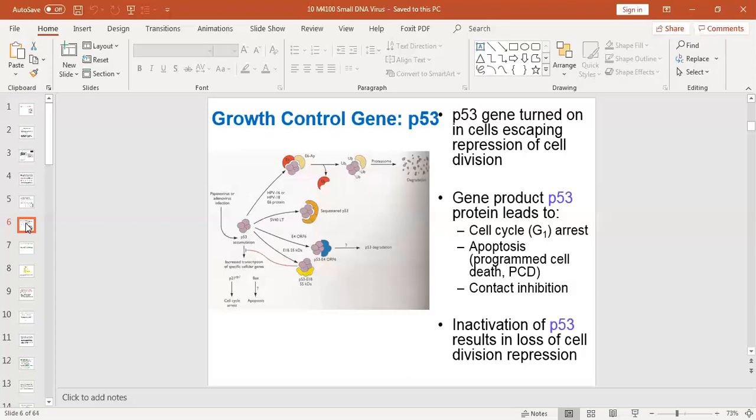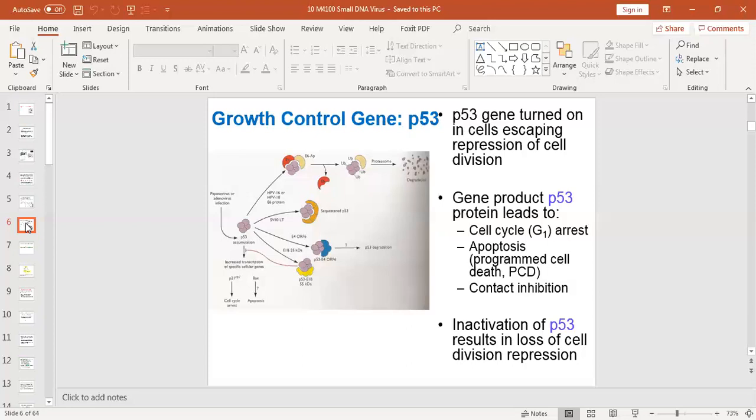Number one is that on the cells that are dividing out of control, it leads to the arrest of the cells at the G1 phase of the cell cycle. The second consequence of P53 translation is apoptosis, or programmed cell death of the cell.